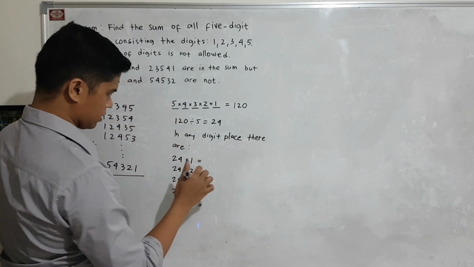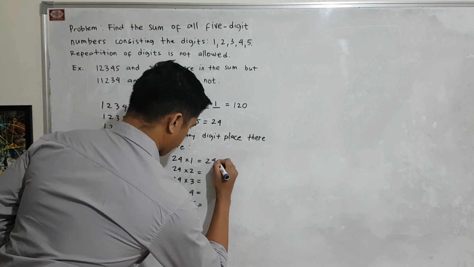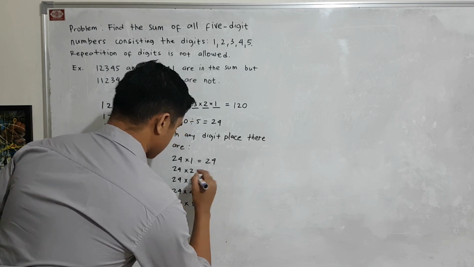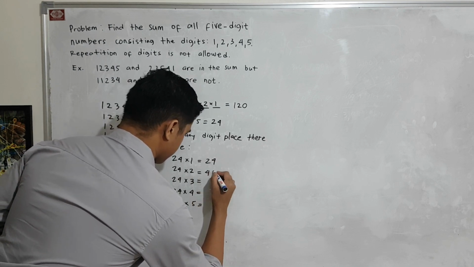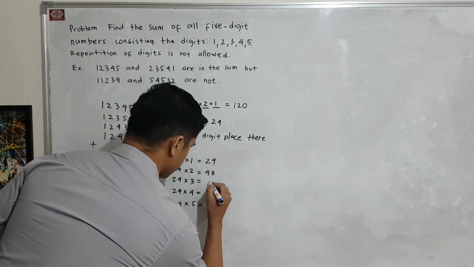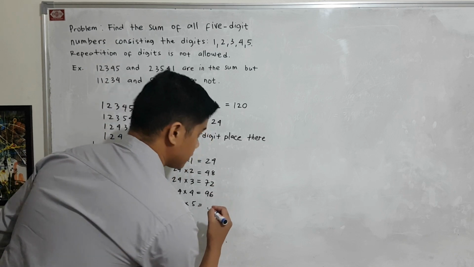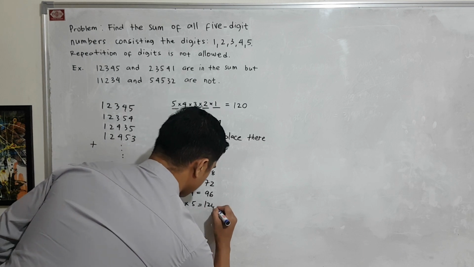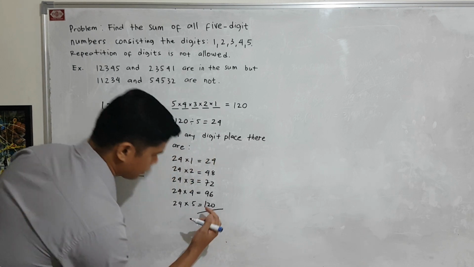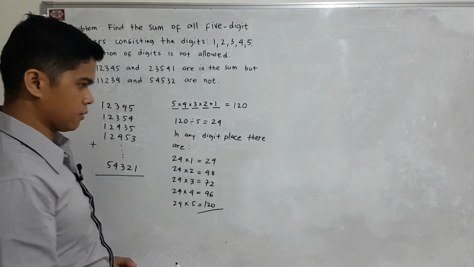Okay, now 24 ones is 24. 24 twos are 48. Then we have 72 here. Next would be 96, and the next one would be 120. If you add all these numbers, we get 360.